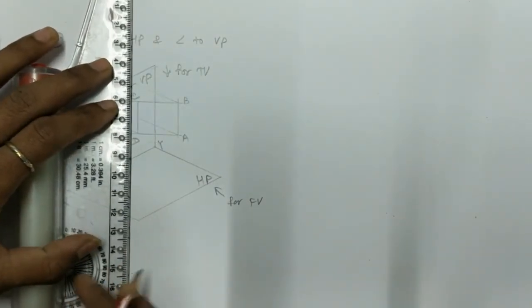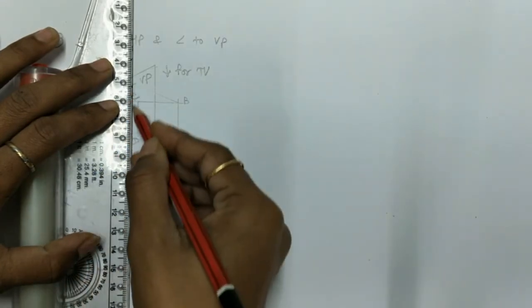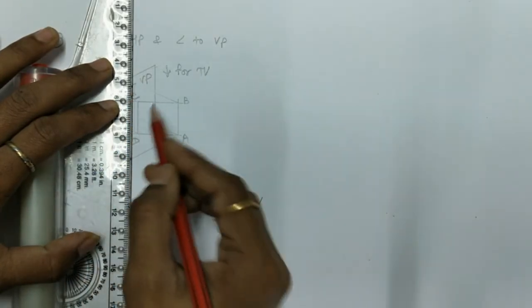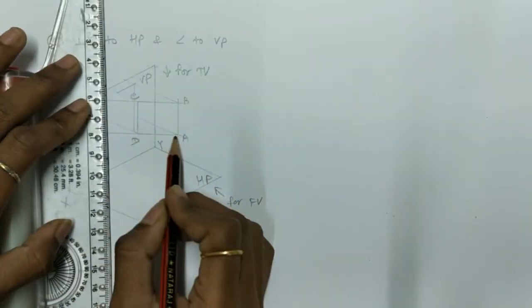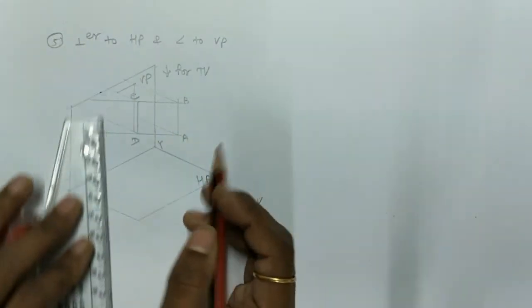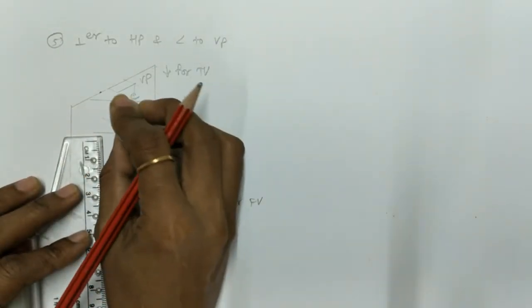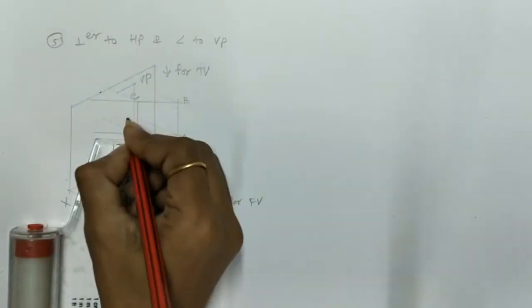Now draw line up to the projection from A. So up to this.